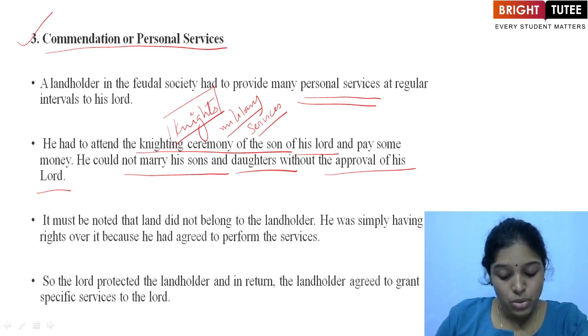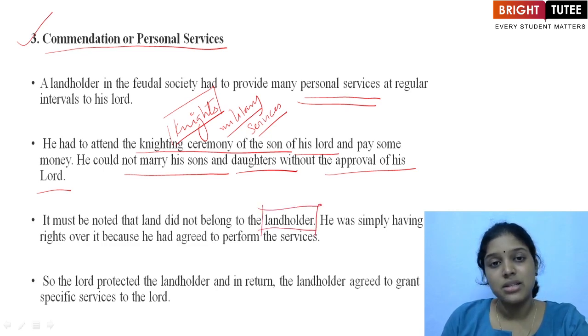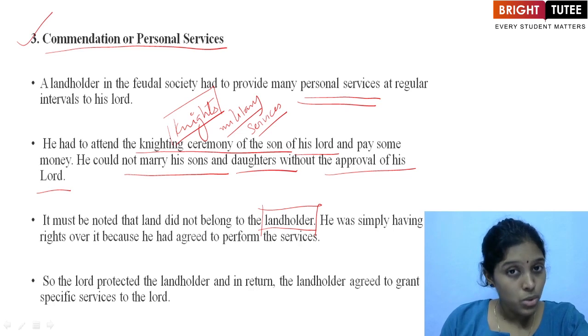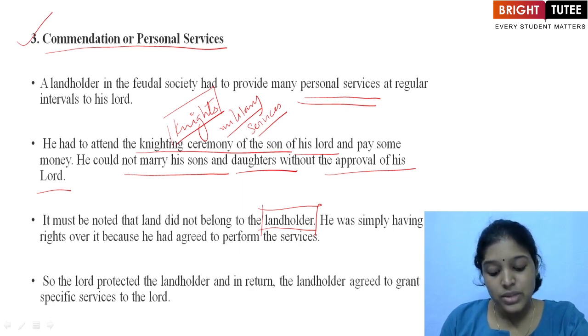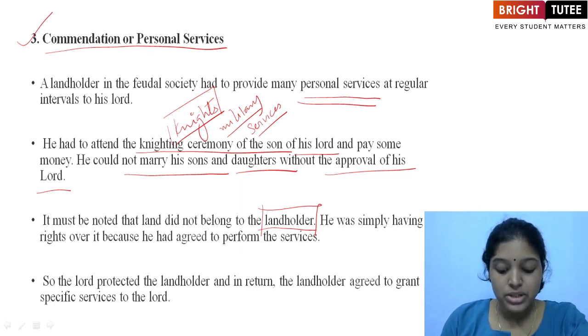And it must be noted that land did not belong to the landholder. This is the thing which we have already discussed: the first feature, terra regis, and the second feature, that no land is there without the owner. So the landholder is not the owner, but he just holds the land. And he was simply having rights over it because he had agreed to perform services.